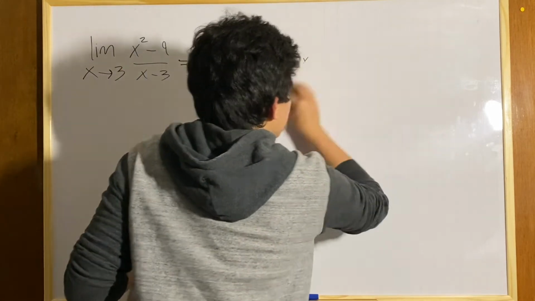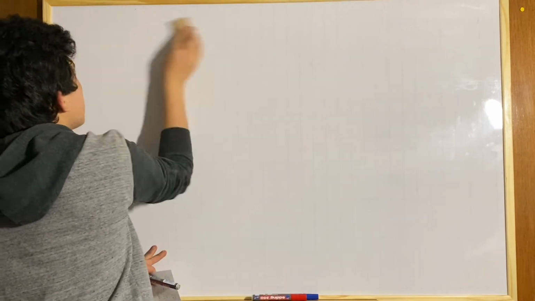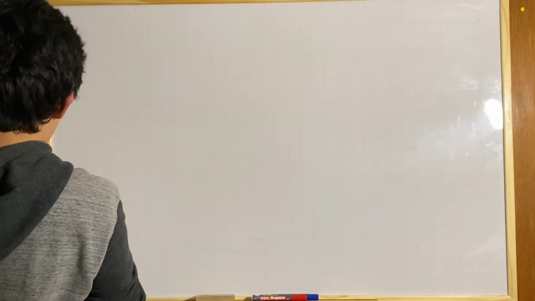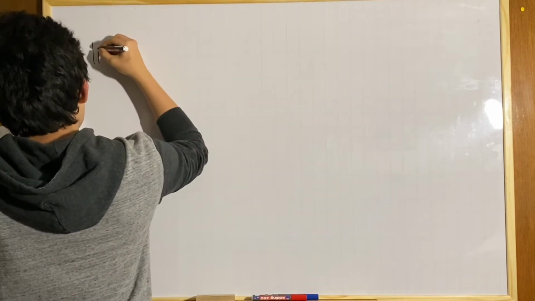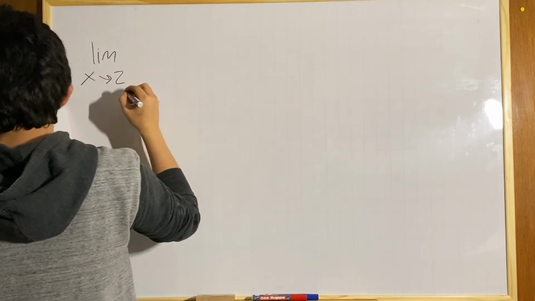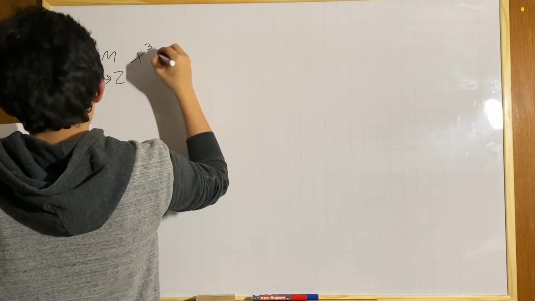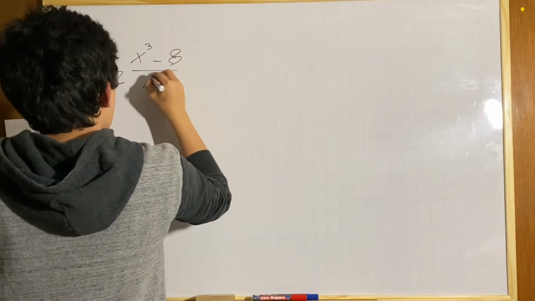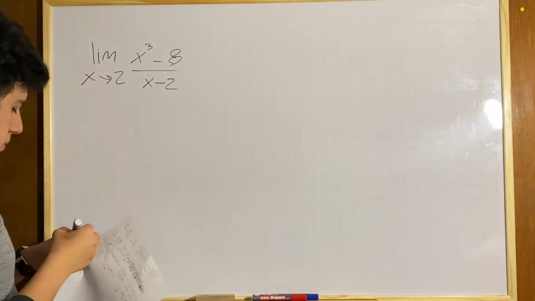Our next problem, let's see how it goes. Oh, another one pretty similar. We get the limit as x approaches 2 of the function x cubed minus 8 over x minus 2.